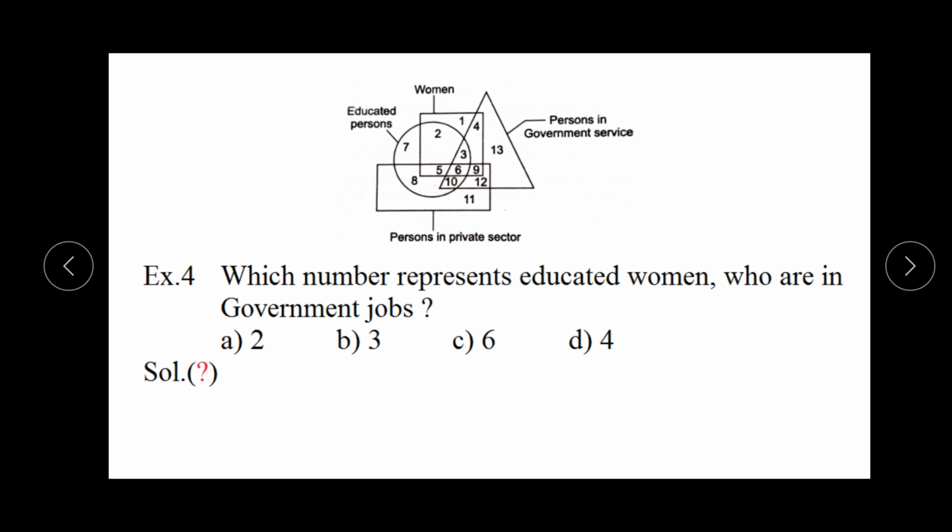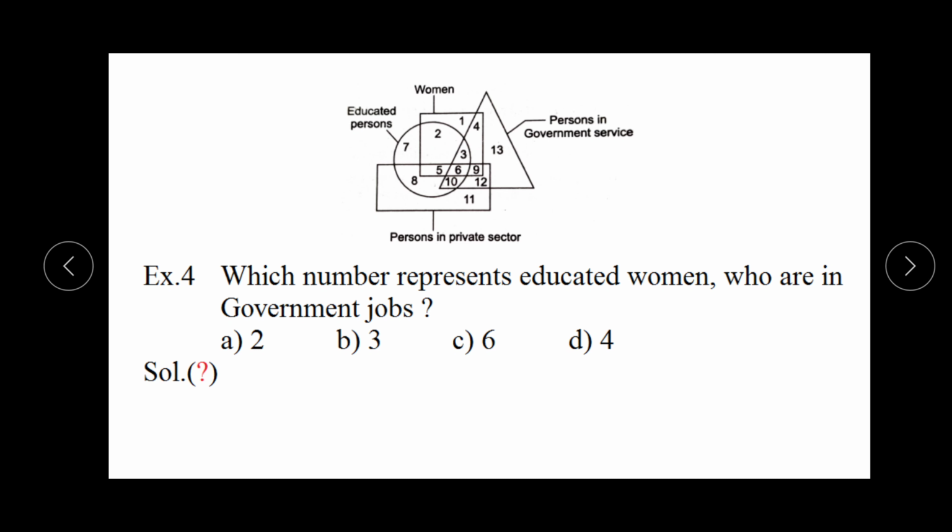This region, the portion which is under the circle and the square, shows educated women, but some more women are also there.